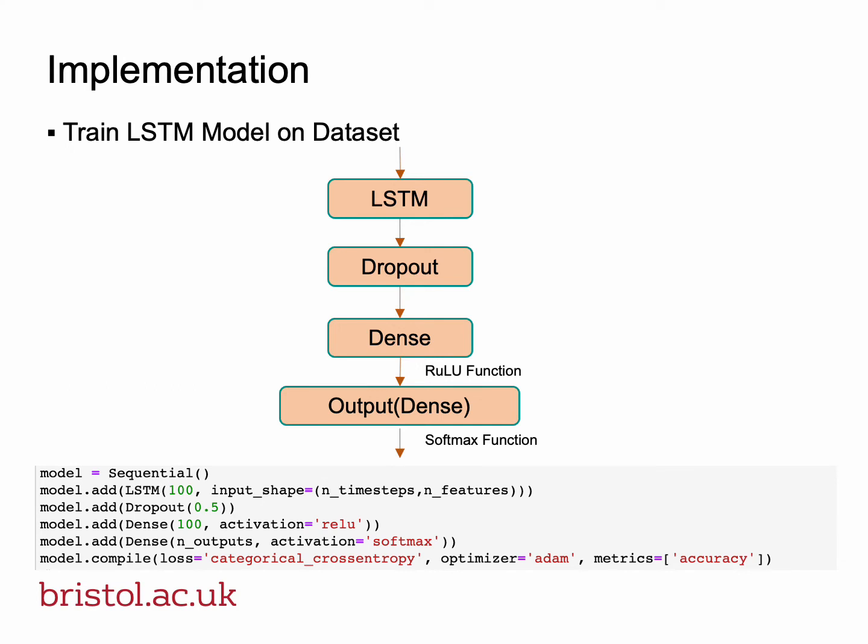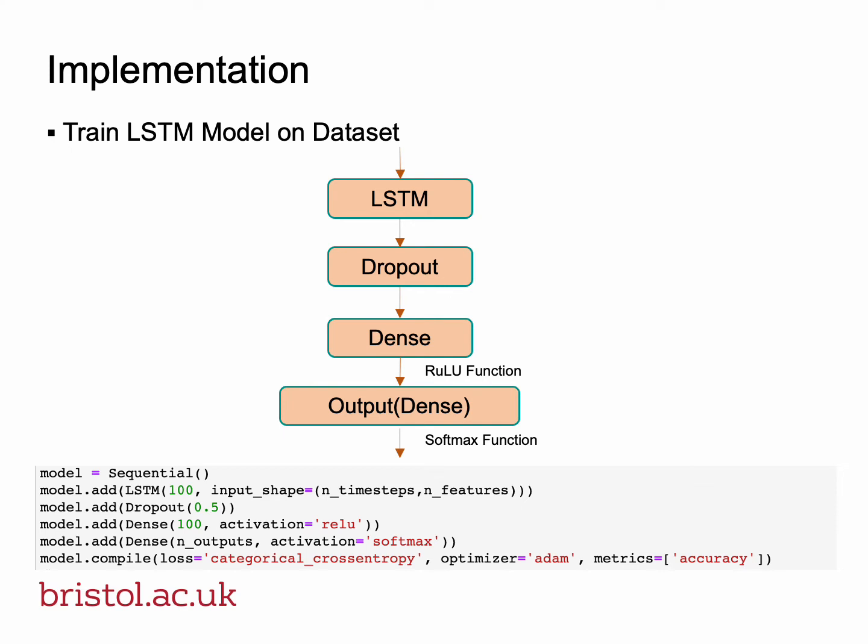Next is to train the LSTM on our dataset. The first step is to define a network. Here I use a 4-layer network. The first one is the LSTM layer, where the number of memory cells is set to 100, and the input shape is the combination of the sequence length and the number of features.